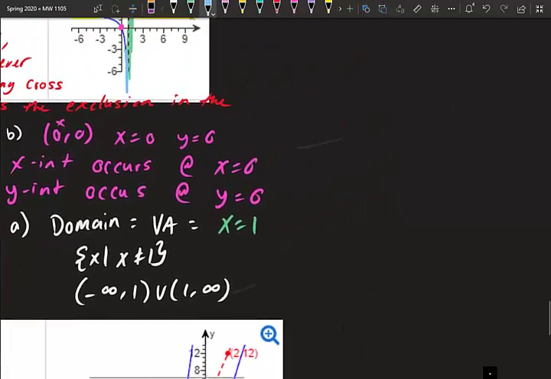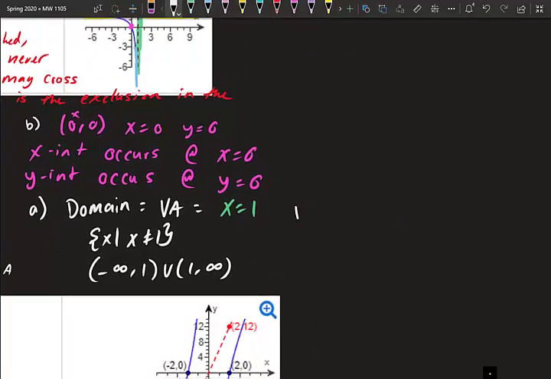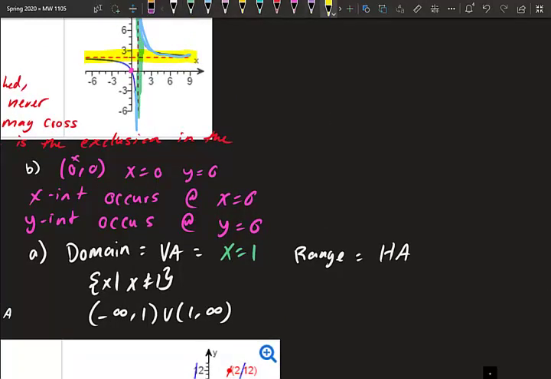Now let's go ahead and find our range. The range, you probably guessed it, it's the horizontal asymptote. Our horizontal asymptote is y equals 2. So that means our range is y such that y can never be 2.